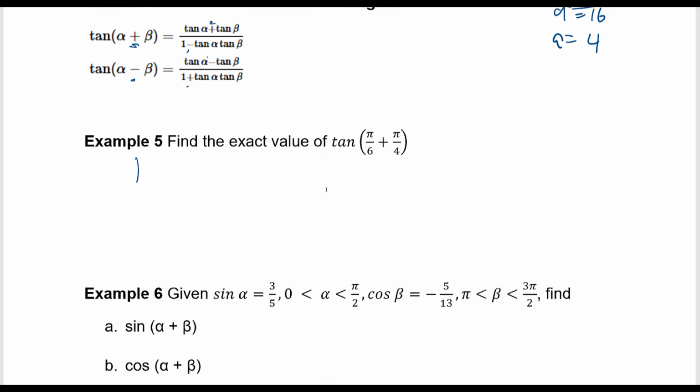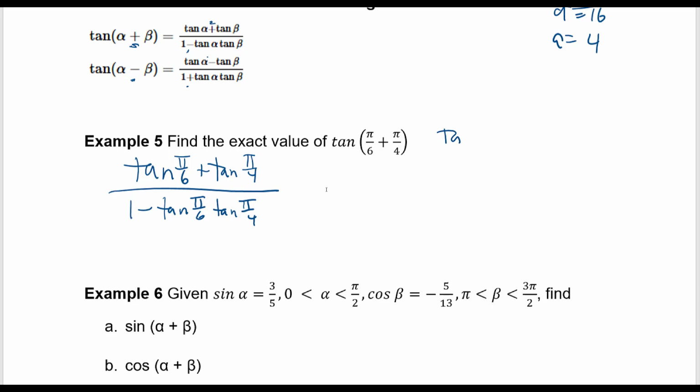So this is going to be tangent of pi over 6 plus tangent pi over 4 divided by 1 minus tangent pi over 6 times tangent pi over 4.